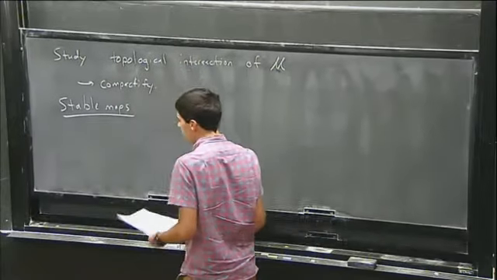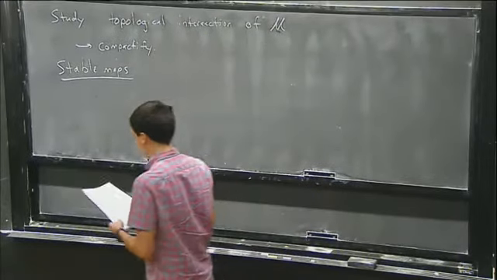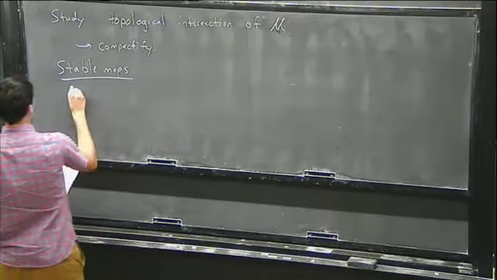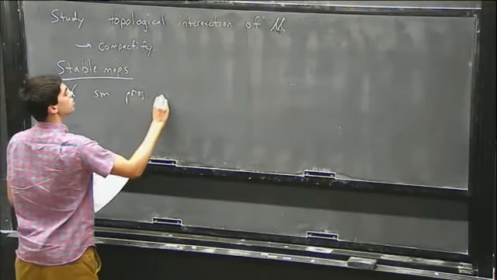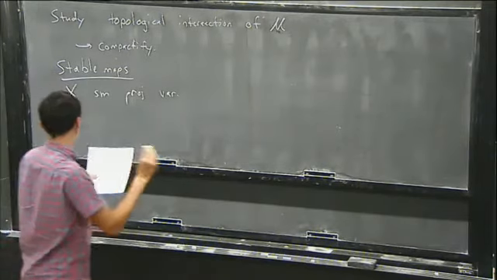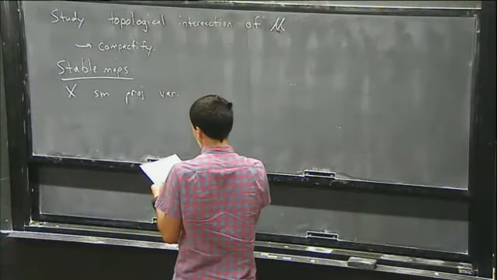Okay, so a stable map is defined as follows. Let X be a smooth projective variety. So this is a much more general definition than we need for this example.